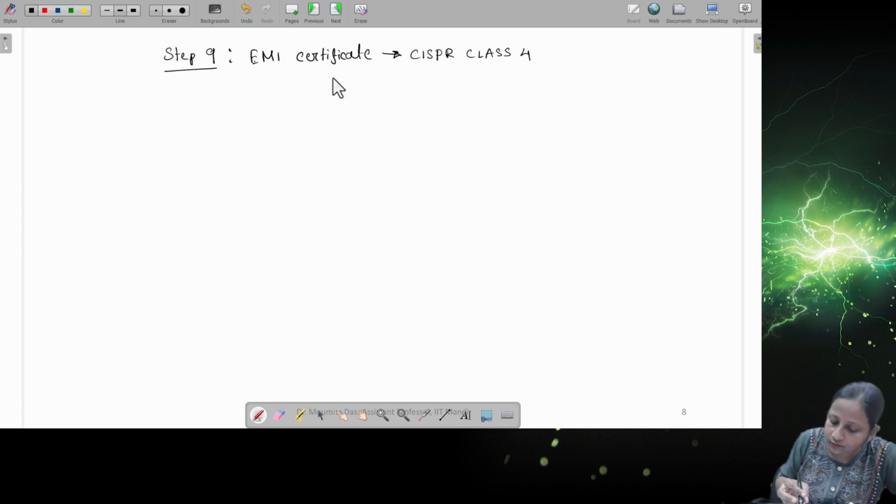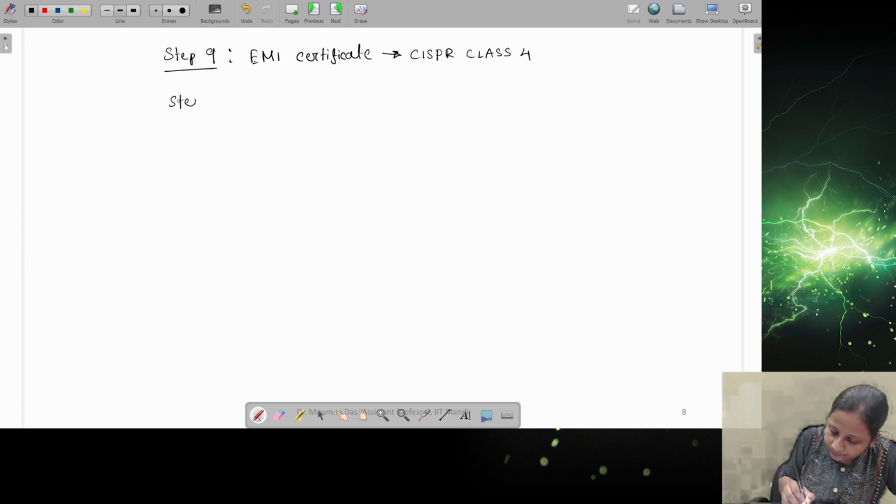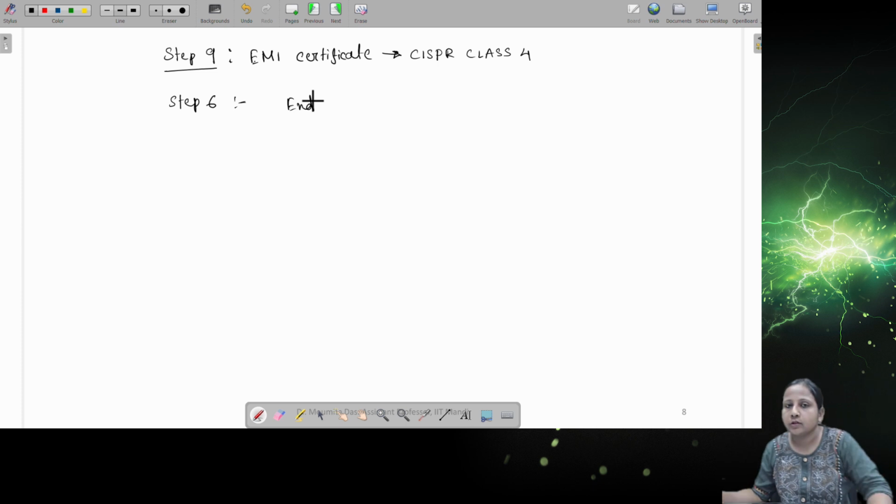Then the EMI certificate will be provided, and at step 6 you can use the product, or maybe at the end of the filter designing you can use the system as a product for any particular application. Now your work will be to use the same simulation for GaN application, or maybe for silicon carbide, where you can go for much higher frequency.